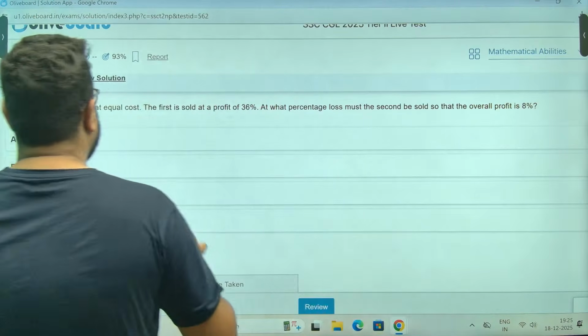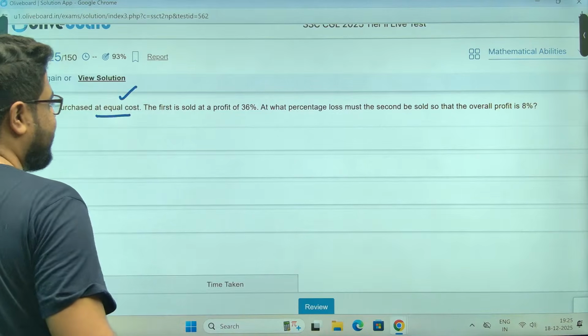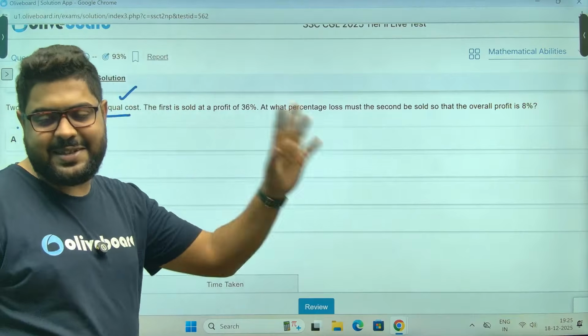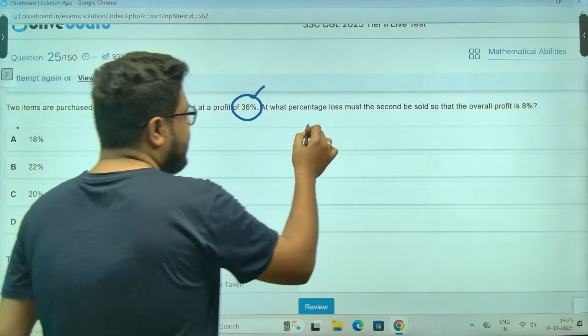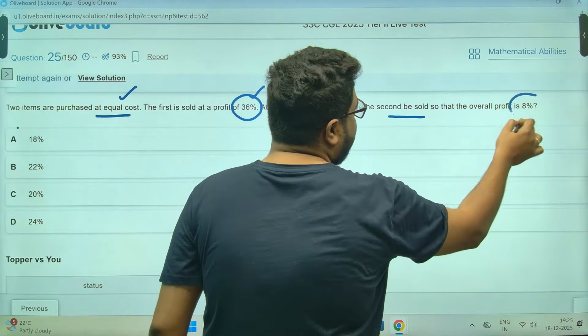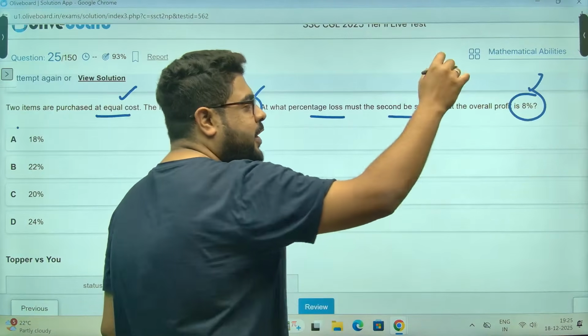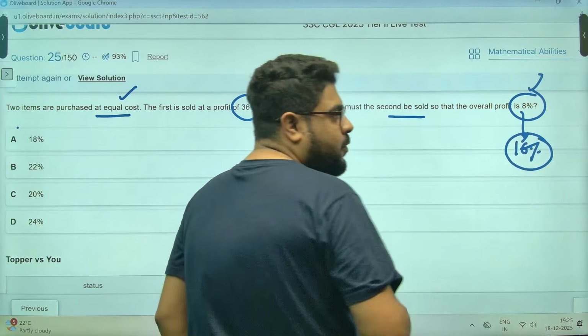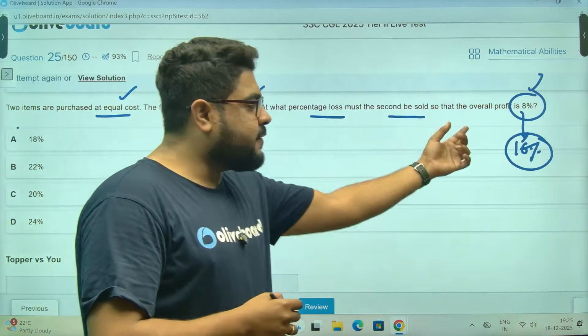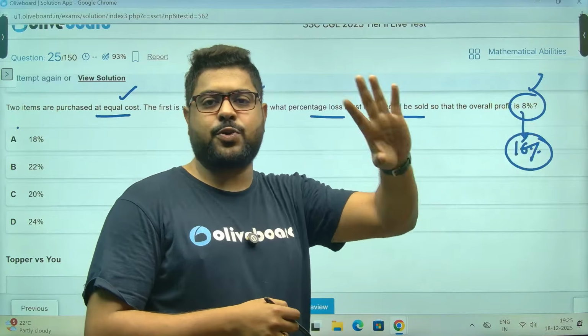Two items purchased at equal cost price. Equal cost price means it's an easy question. First one, 36% loss, overall profit of 8%. Overall profit of 8% means a total of 16% profit, right? Each of them 8%, 8%, total 16%.